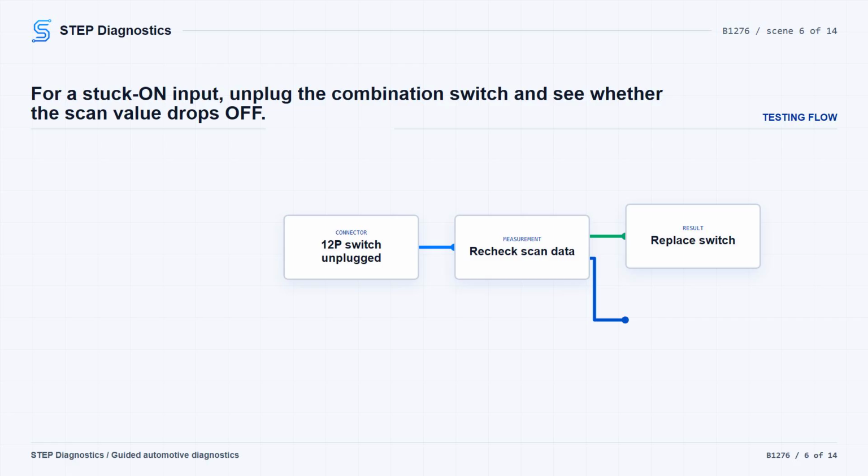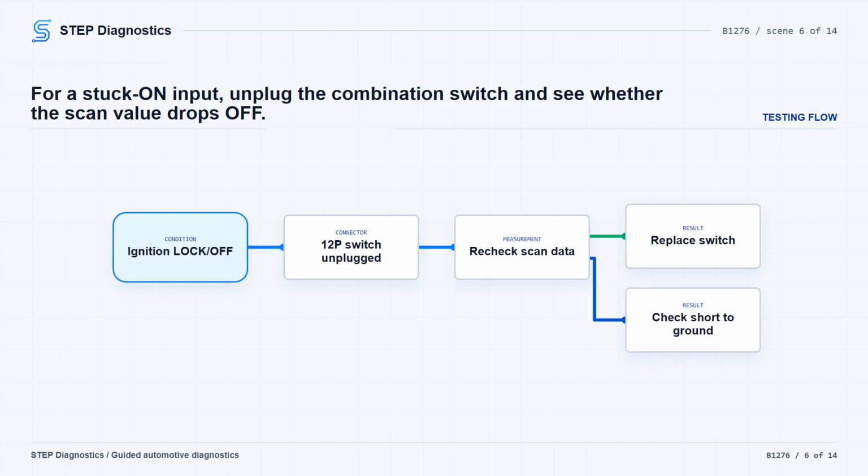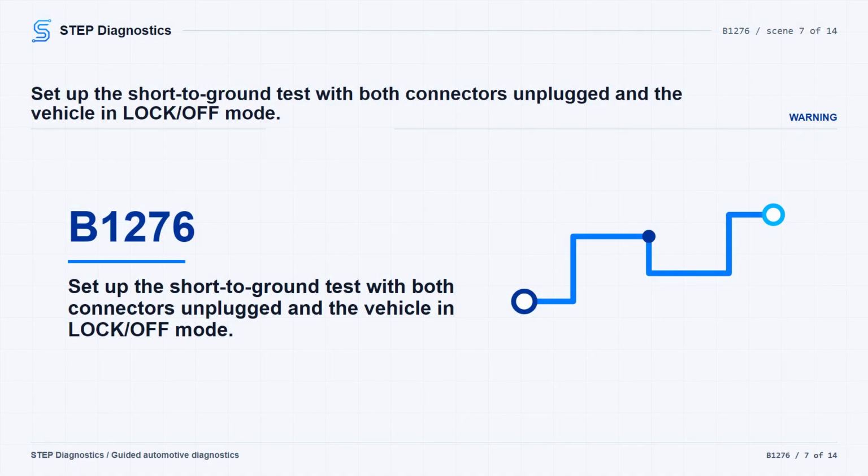If the value changes from on to OFF after the switch is unplugged, the combination light switch is the failure area, and the procedure calls for replacing the combination light switch. If the value does not change, leave the switch disconnected and move on to checking the wiring for a short to ground. With the ignition still at lock 0 or OFF mode, disconnect under-dash fuse/relay box connector N20P.